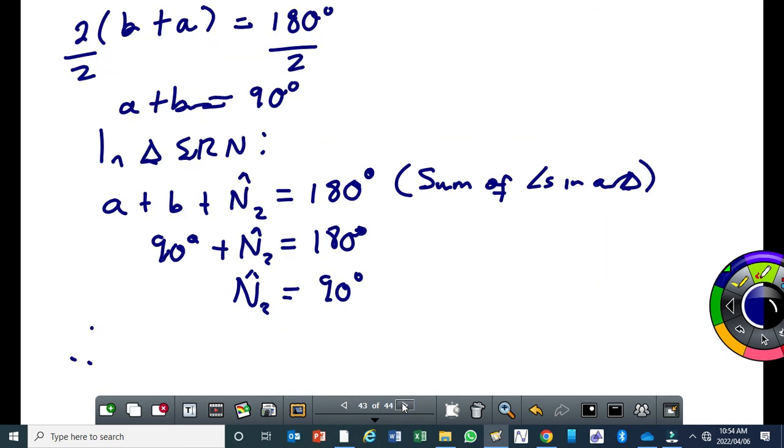So now I can say therefore, STRN is a rectangle. I can write here, it's a rectangle, or I can say it's a parallelogram as well, then I'll give my reason as each interior angle is equal to 90 degrees. So I can say STRN is a rectangle.